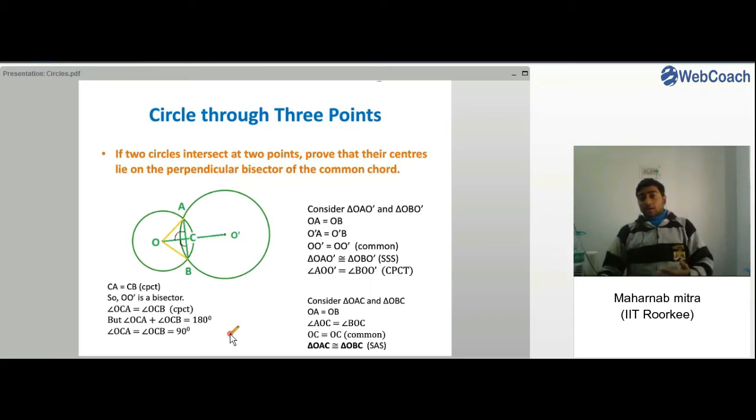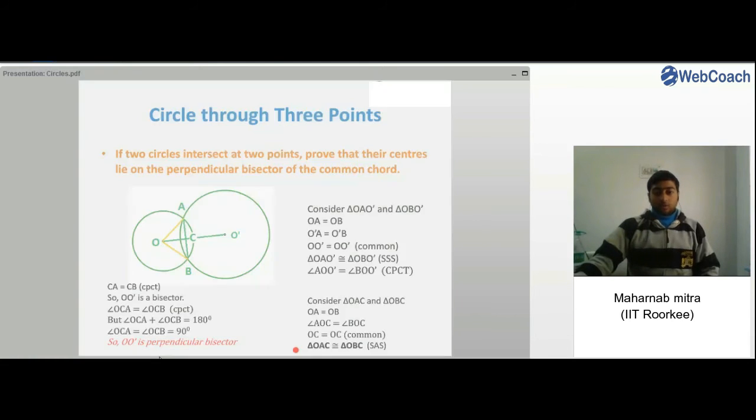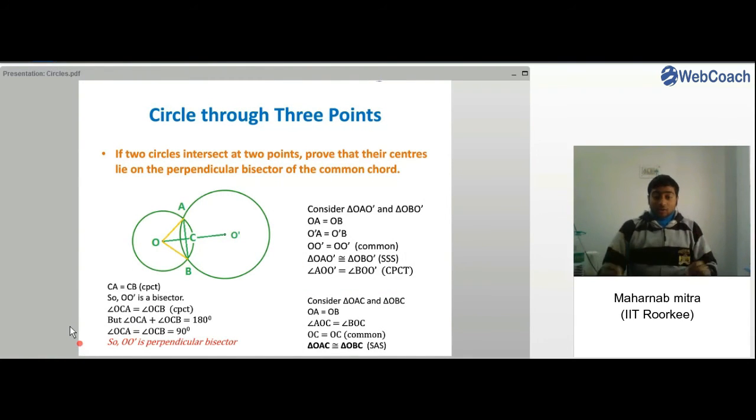And of course their vertically opposite angles, which are BCO prime and ACO prime, must also be 90 degrees. Or we have proved that OO prime is actually the perpendicular bisector of the common chord.